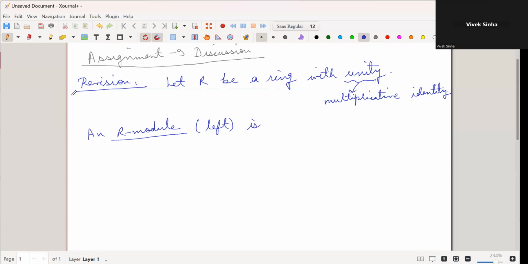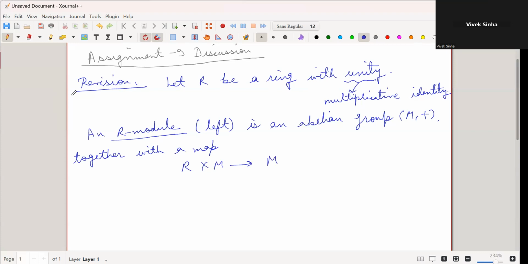It's an abelian group first of all, say M with the group operation plus, and together it has some multiplication map from the ring R, the map R cross M to M, such that it maps the tuple (r, m) to just r dot m.